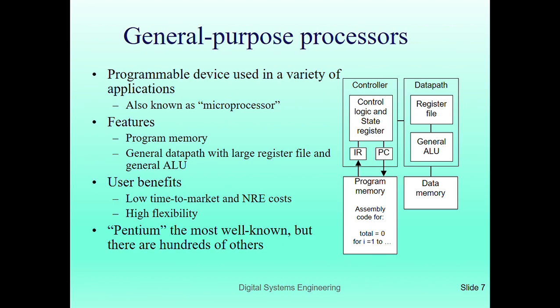These general purpose microprocessors have some user benefits, like low time to market and low NRE cost. They have high flexibility. A good example of a general purpose processor is the Pentium computer. Here you can see the block level diagram of this microprocessor. Here you will find the controller, program memory, data path, and the register files, general ALU, and the data memory.